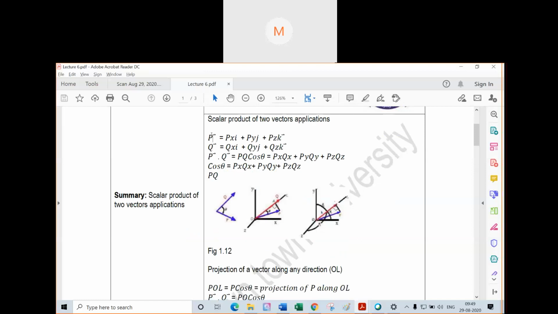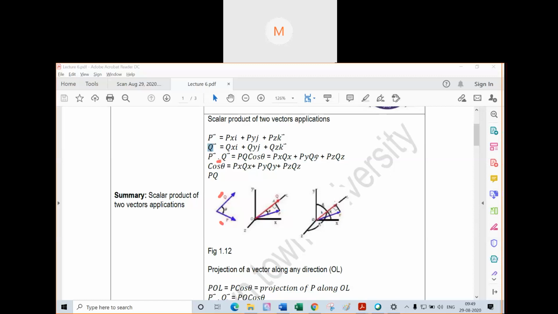Here it is P and Q. These are two vectors. Now if you do a scalar product, it will be written as a dot. You can see a dot here.